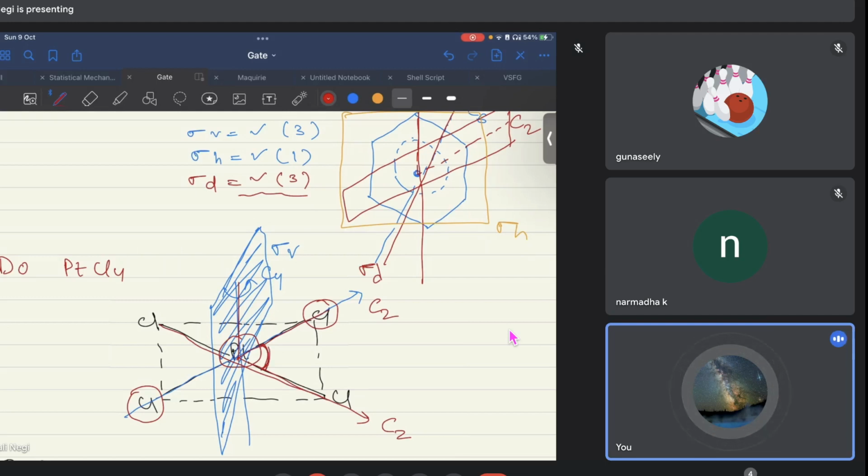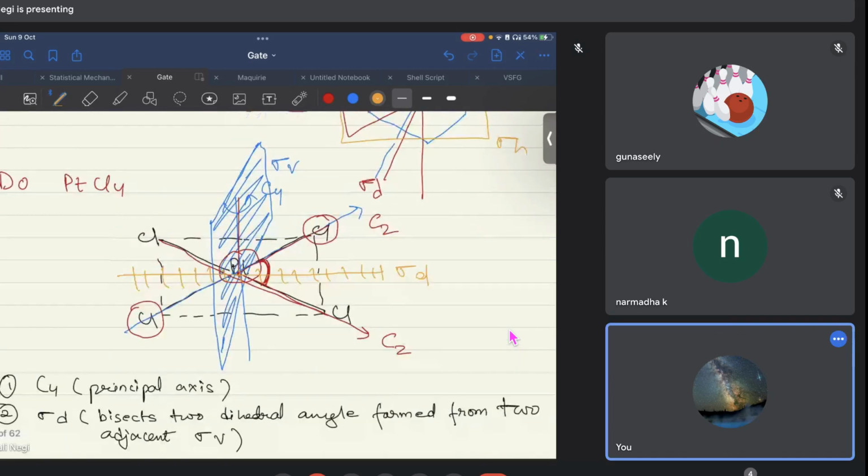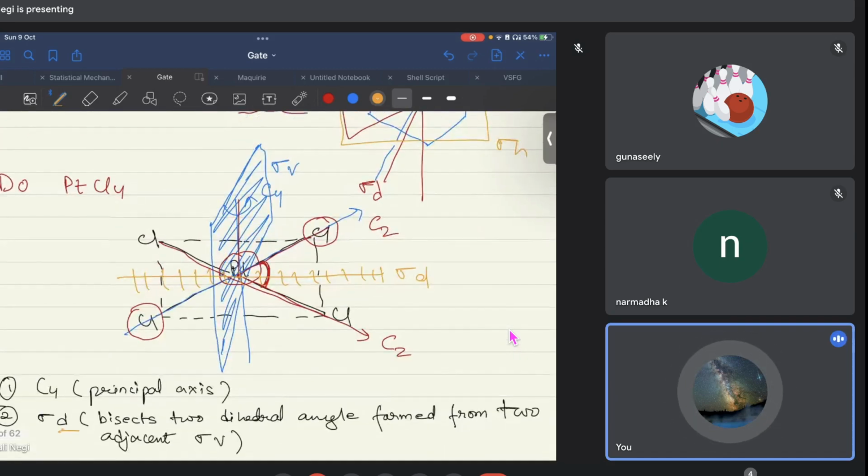So this is the angle, and if I draw one plane bisecting this, so if this is the plane, yes, it is reflecting the molecule, and I will call this plane sigma d. So you can say that sigma d bisects the dihedral angle formed from two adjacent C2, or you can say sigma v also.